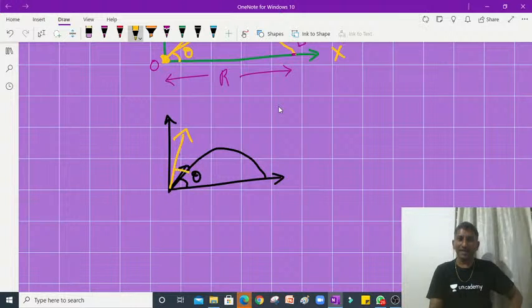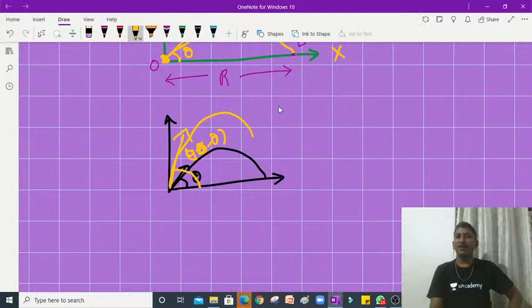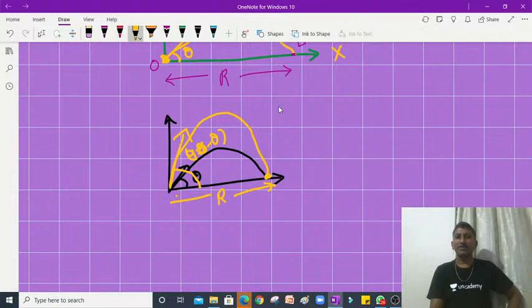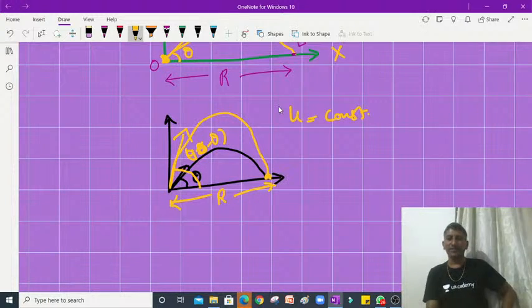Whenever they are projected and reach the same distance on the horizontal axis, that means the range is the same for these two projectiles. What is the condition? The initial velocity of the two projectiles must be the same.